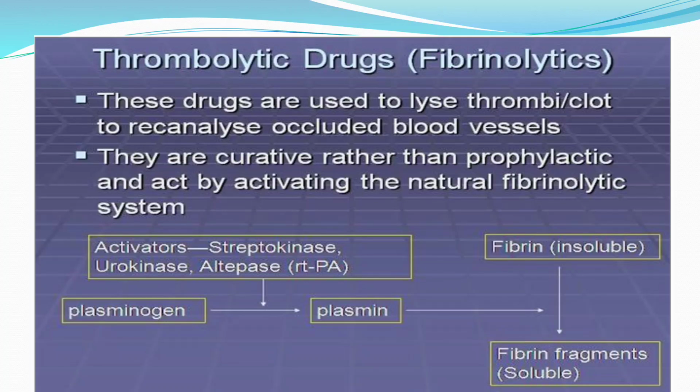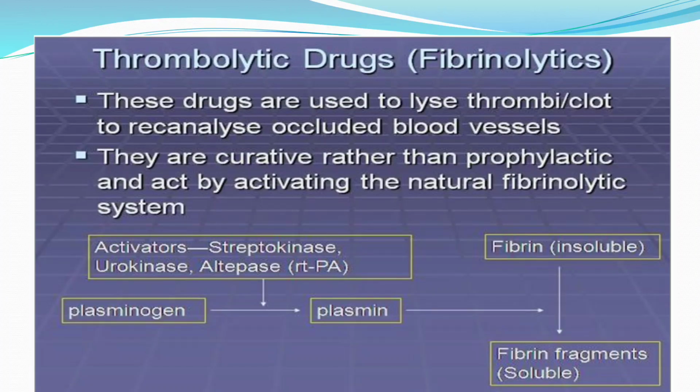They are curative rather than prophylactic, and they act by activating the natural fibrinolytic system. So certain activators like streptokinase, urokinase, alteplase, which is a recombinant enzyme, are used to lyse the clot.